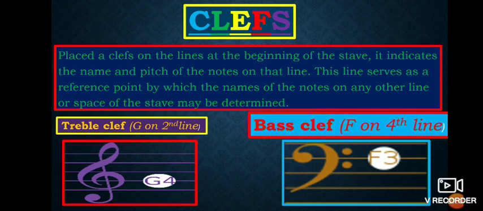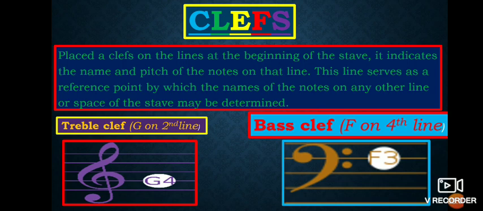Another name for the treble clef is G clef, and the drawing starts by circling round the second line. The reason why we call it the G clef, you will understand in our subsequent lesson.